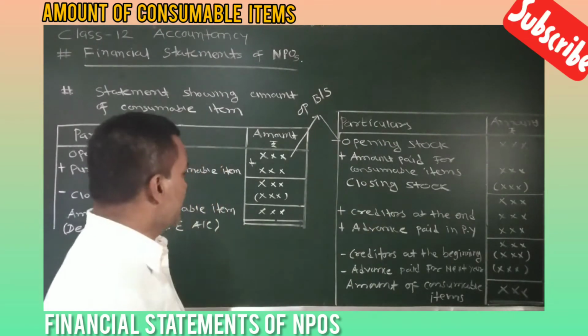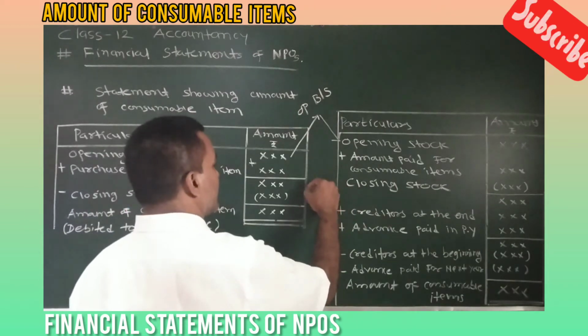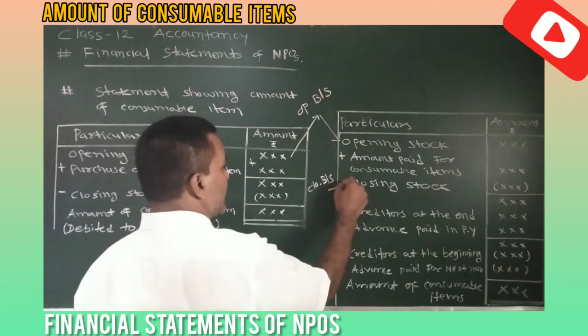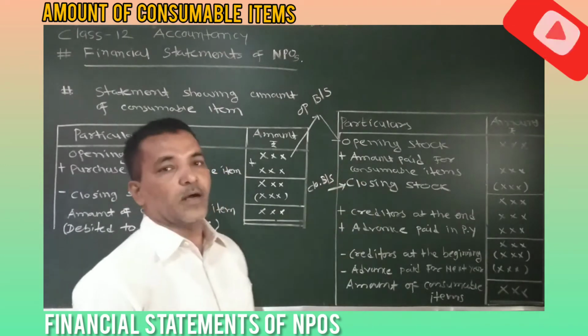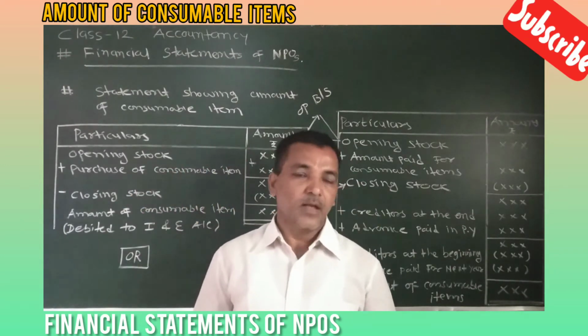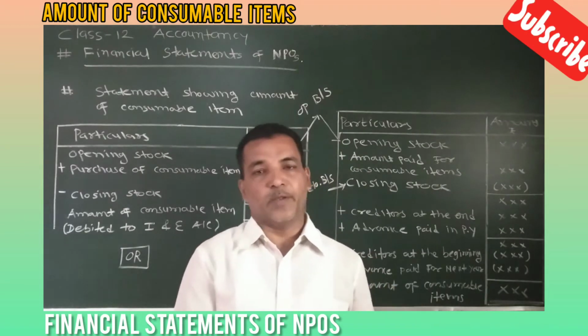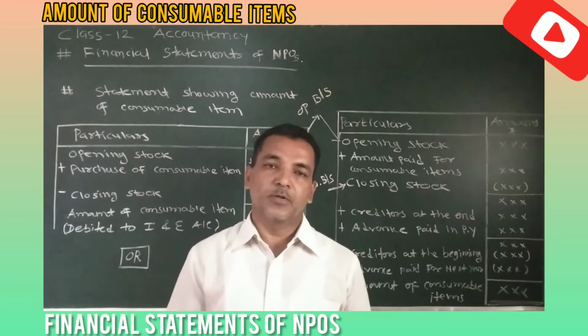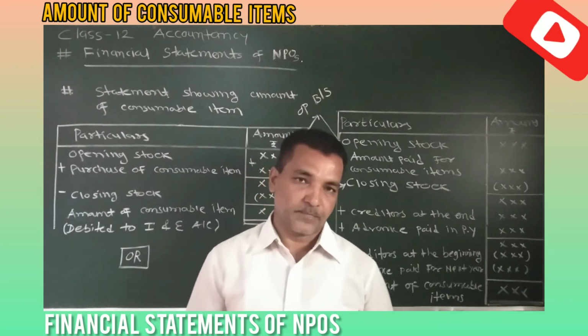In opening balance sheet asset side, we will write this opening stock, and closing stock of the consumable item, that you will write in the closing balance sheet asset side. So opening stock in opening balance sheet and closing stock in closing balance sheet, both will go on asset side.